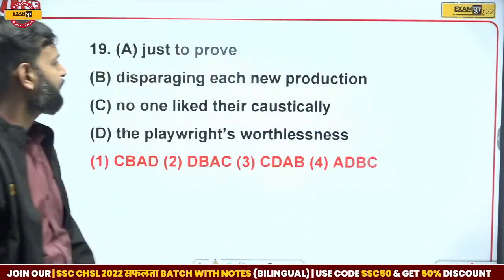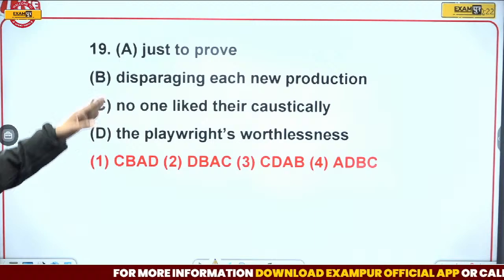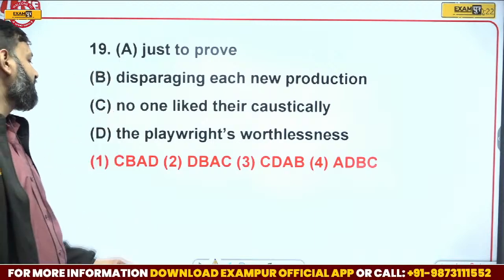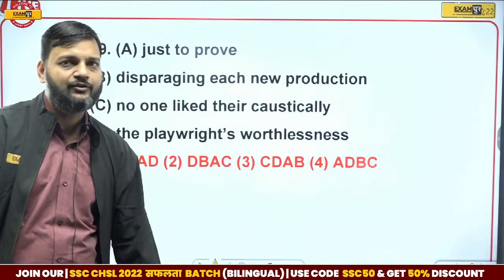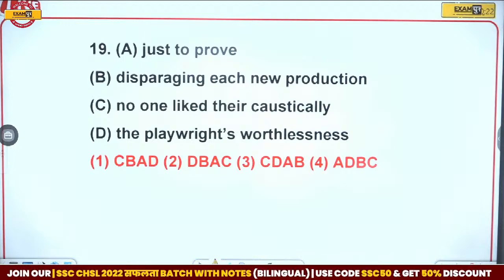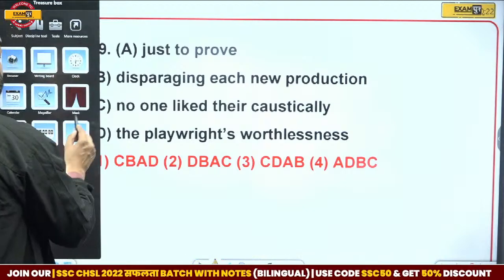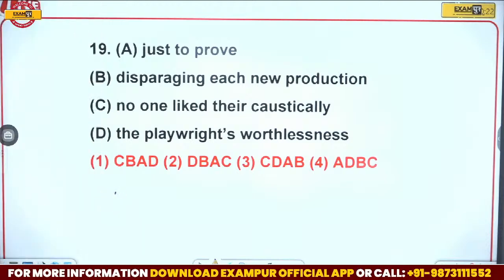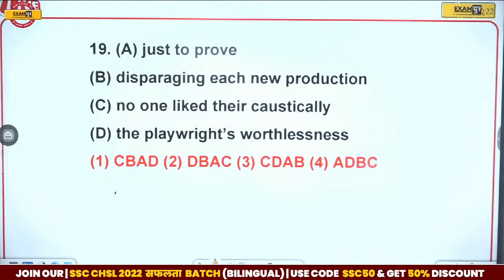Now the next one. Here we have para-jumbles. You have to arrange these sentences into a meaningful paragraph, and after rearrangement, you have to tell what the sequence should be. Giving you 30 seconds to solve this question. What should be the arrangement?